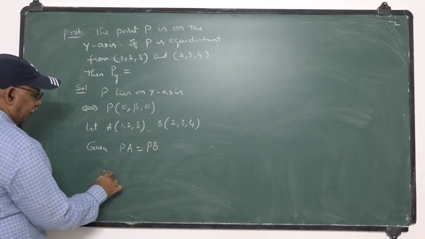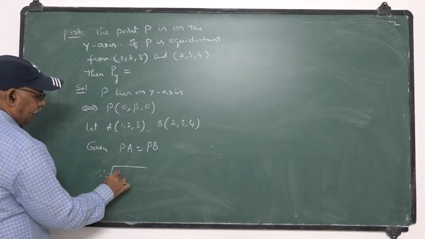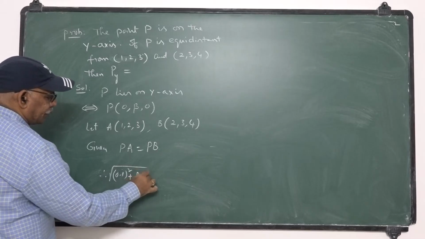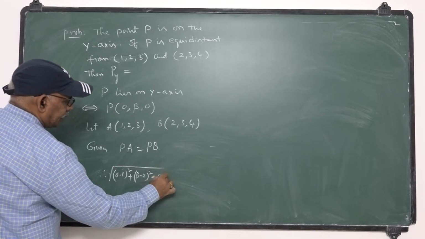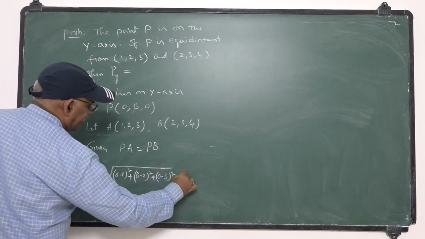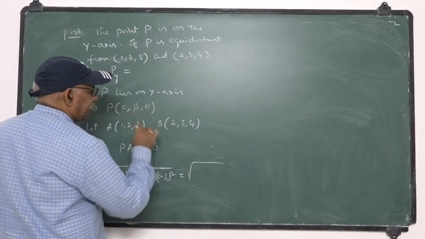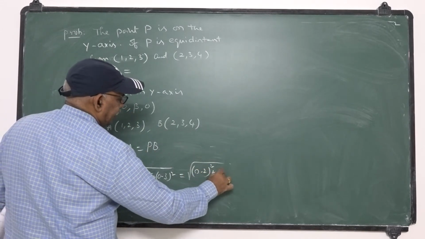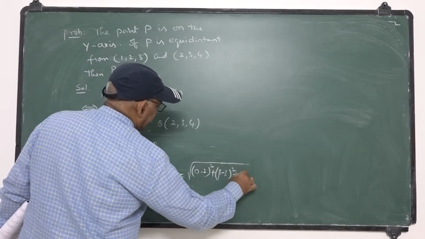Therefore, the distance from P to A is the square root of (0 minus 1) whole square plus (beta minus 2) whole square plus (0 minus 3) whole square, equal to PB, the square root of (0 minus 2) whole square plus (beta minus 3) whole square plus (0 minus 4) whole square.